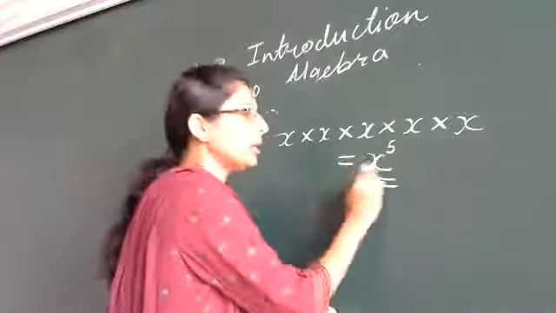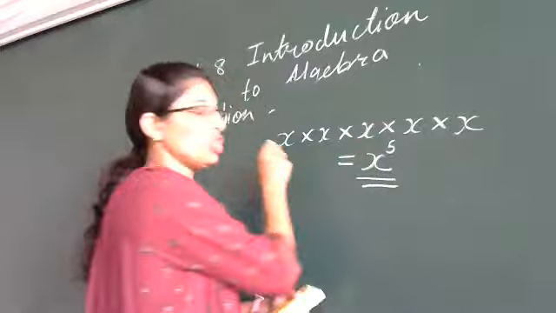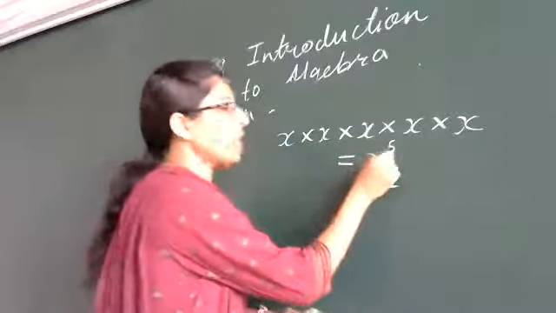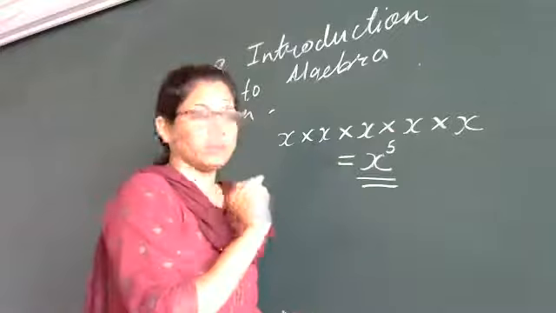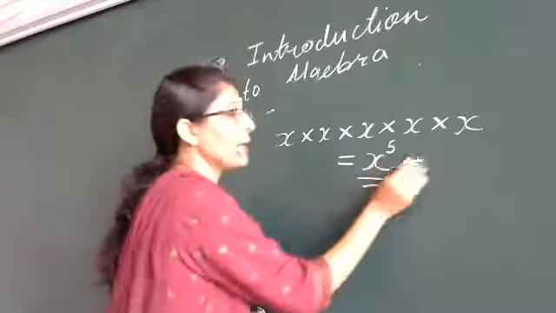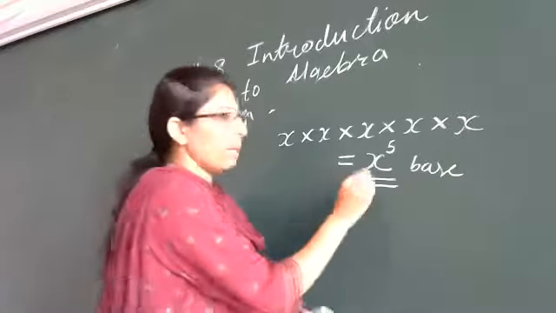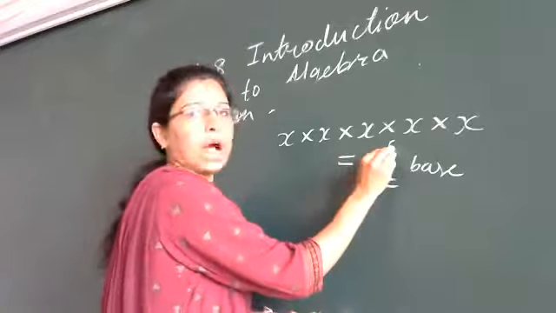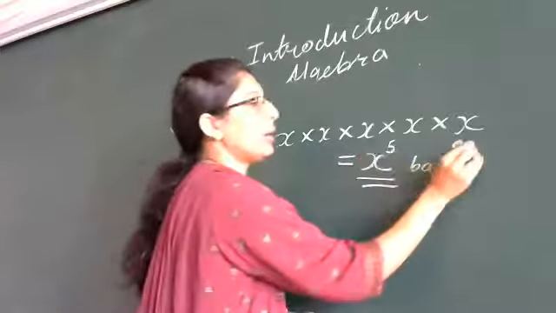So here, what is this x? X is this number which is multiplied. And 5 is how many times it is multiplied? So this down number, it is known as base. And this upper number, it is known as exponent.